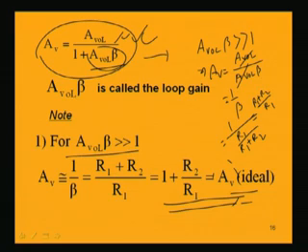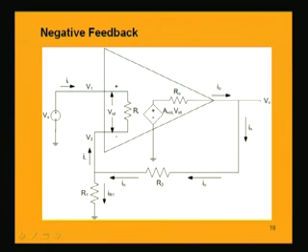Now, if we again look into the circuit, let us find another important parameter, which is the input resistance. In this circuit, the input resistance, shown as Ri, is modified in the actual circuit.